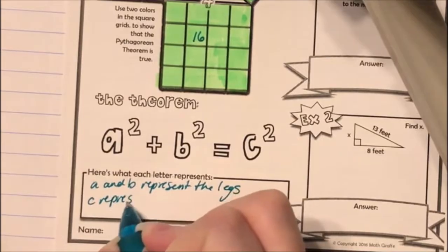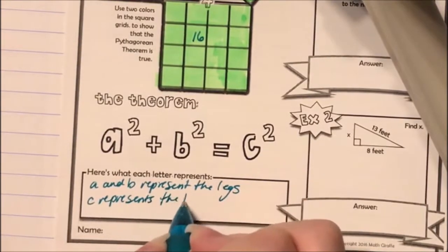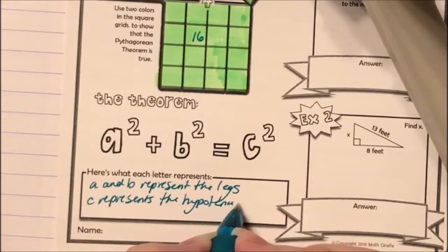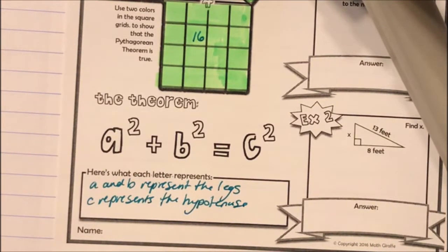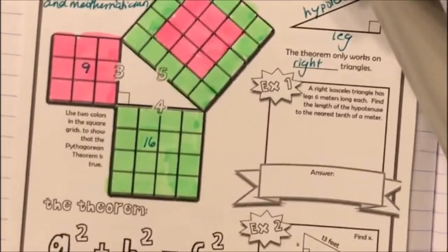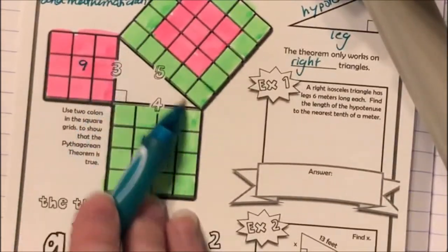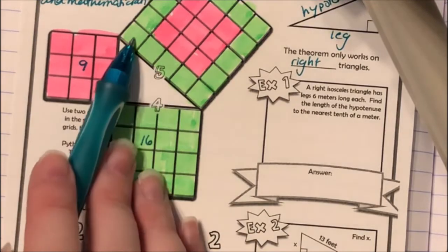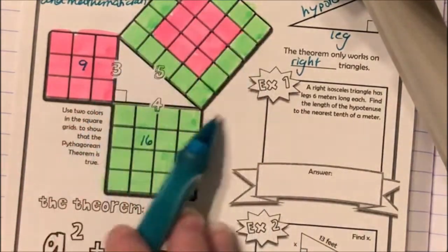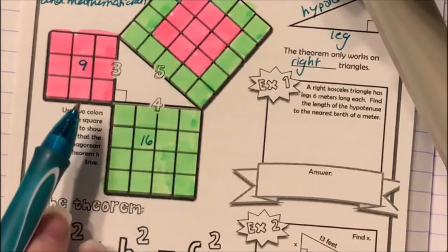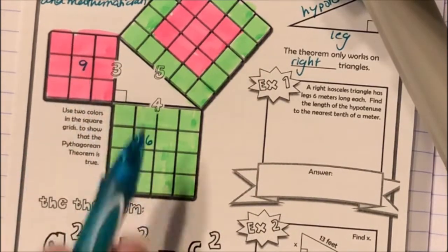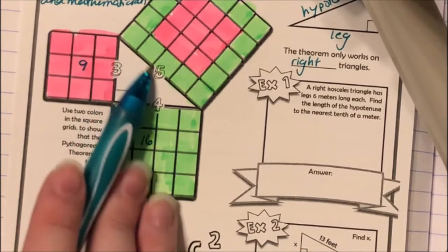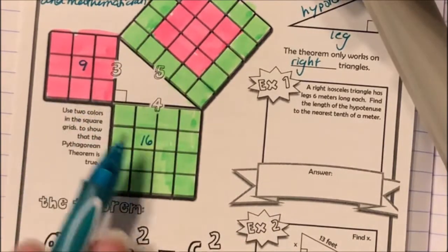C represents the hypotenuse. Okay, so the area, go back up to my drawing, right? The area of C, which in this case C is 5, the area of C, so 5 times 5, equals the area of one leg plus the other leg. So the area of this equals 9 plus 16.